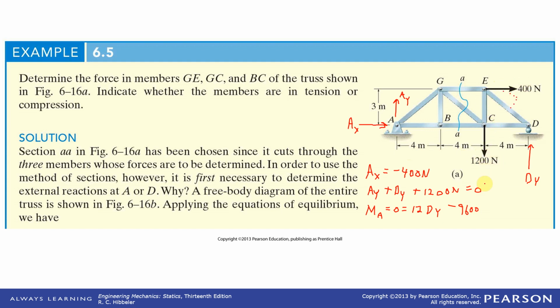And then 400 times 3. And the units would be newton meters. So we can calculate DY. That would be 900 newtons.